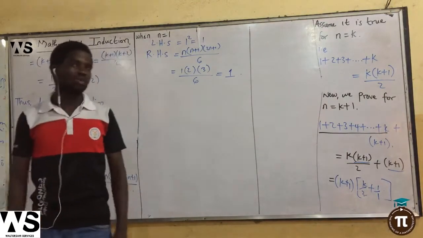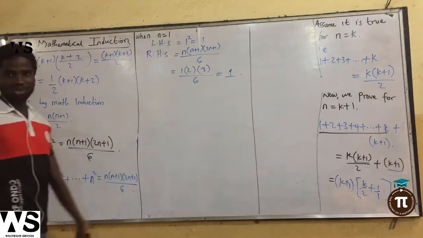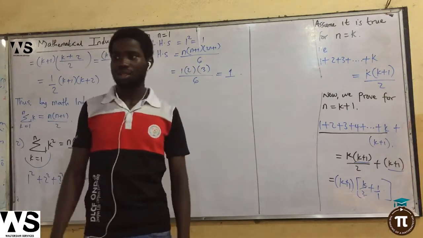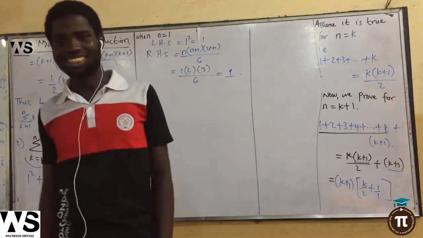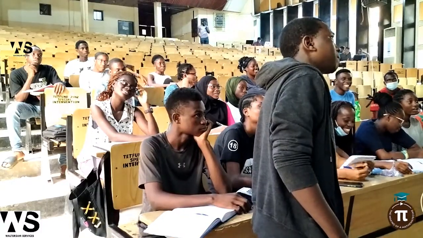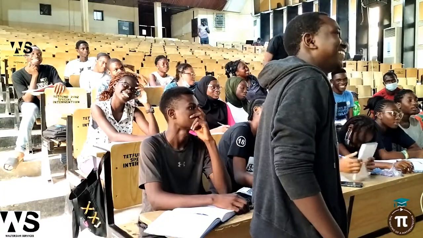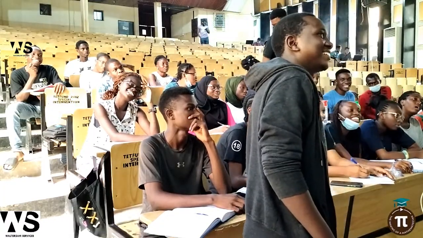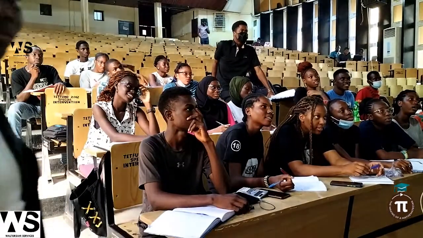So now, should I do for n equal 2? Some people are still not sure. Let him do it though. Try it while I also do it on the board.